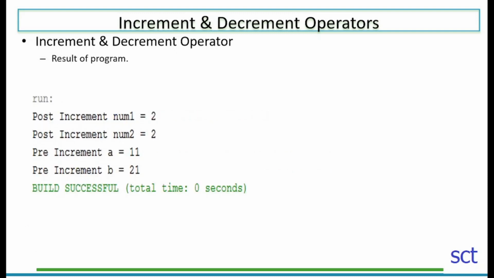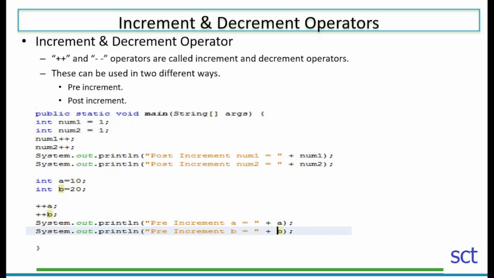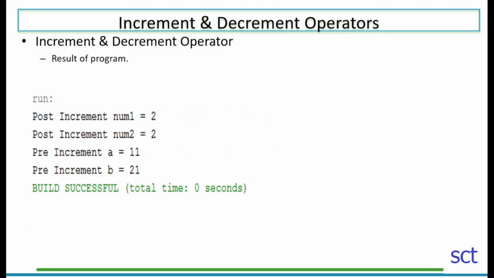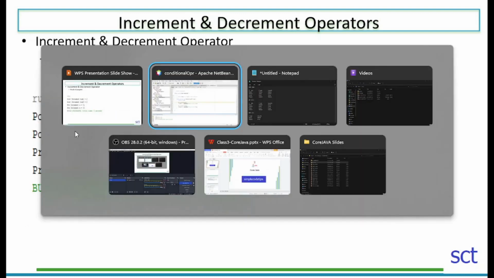So, 10 plus 1 is 11, and 20 plus 1 becomes 21. So, the result is going to be the same here. You will not see the difference between num1 plus plus and num2 plus plus, or plus plus A and plus plus B. Let us execute this code and see how it comes.